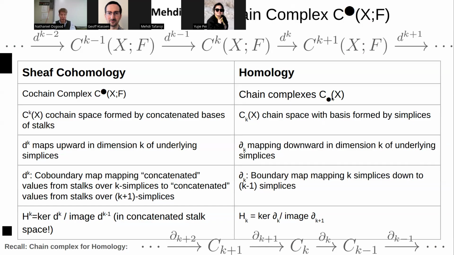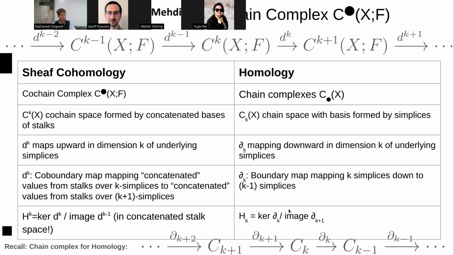And we wrote that as C sub dot of X, with a chain complex like this. The boundary map mapped a simplex of dimension k, like our solid triangle CDE, down to its boundaries, its faces, like CD and DE or what have you.